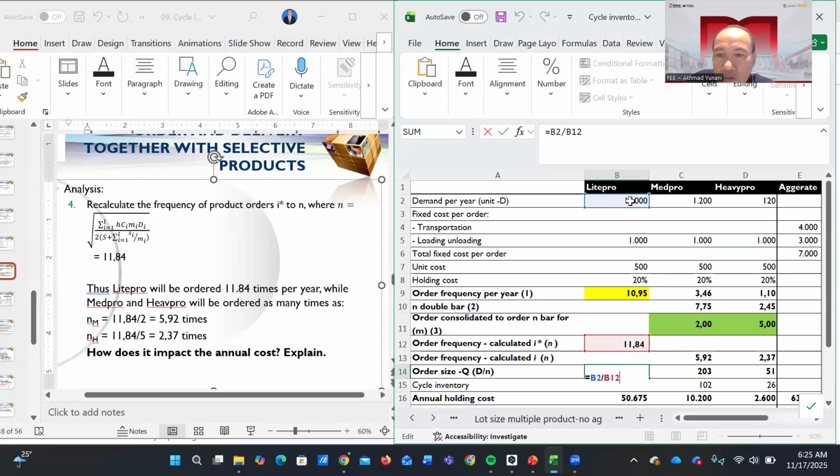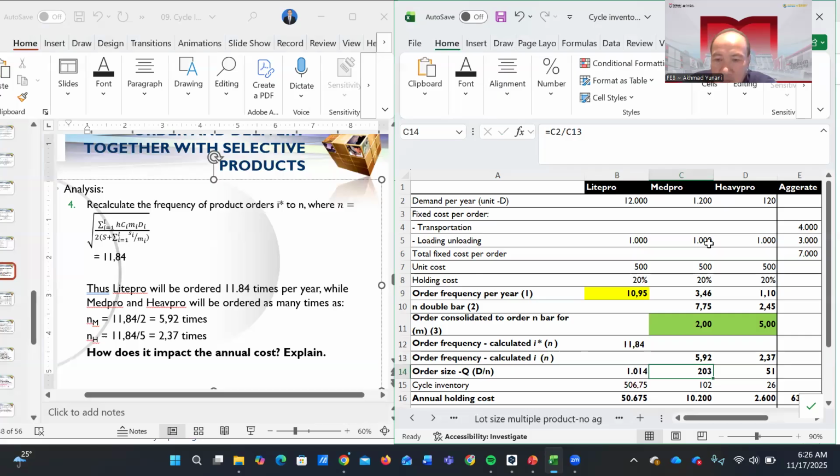For Light Pro, the demand per year, 12,000, divided by the order frequency, 11.84, gives an optimal Q of 1014 units. For Med Pro, using the same way, we divide its annual demand by its order frequency, and find that the order quantity will be 203 units, and for HiFi Pro, 51 units.